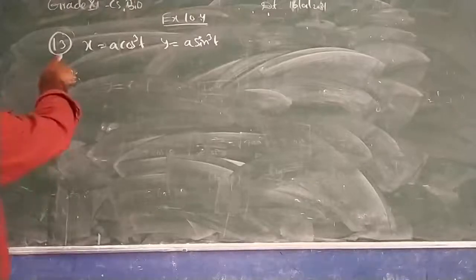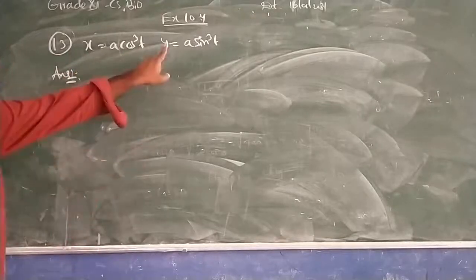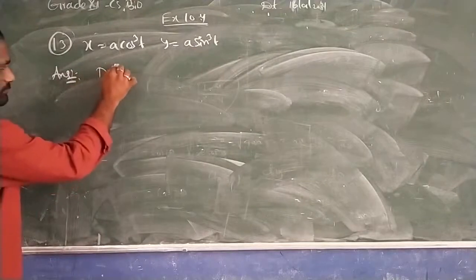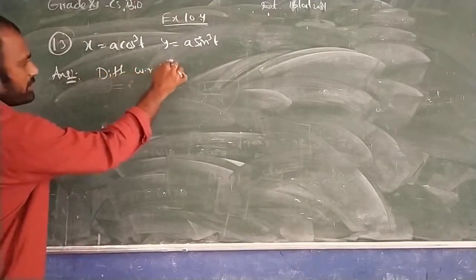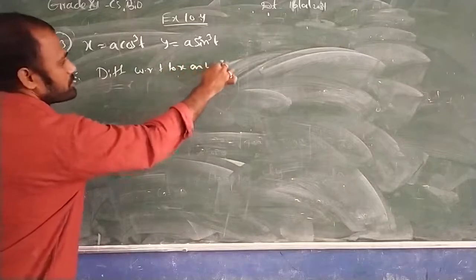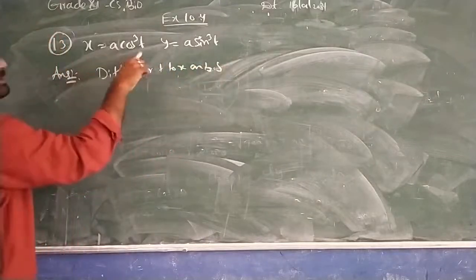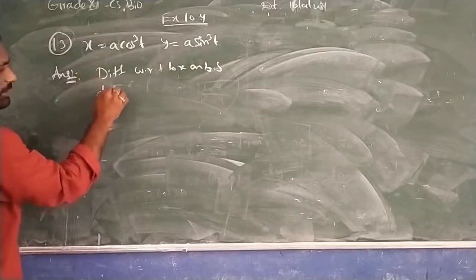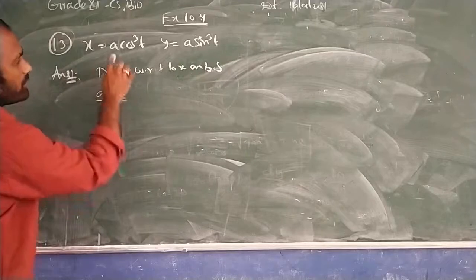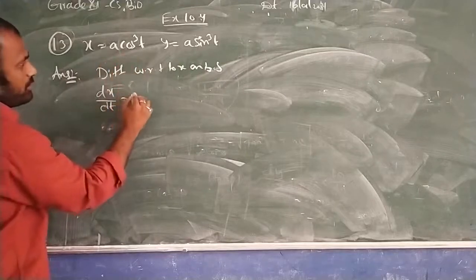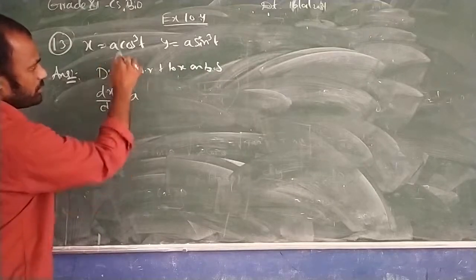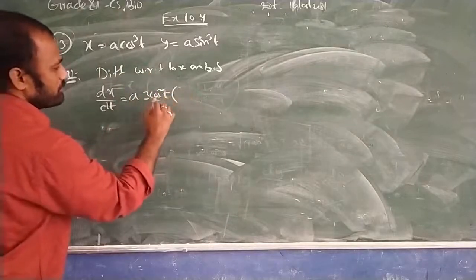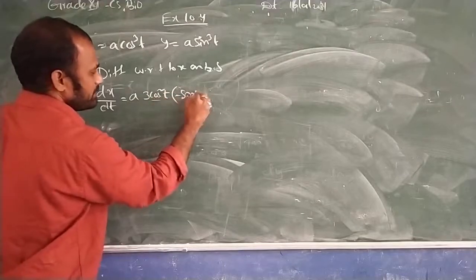Next question, 13: x is equal to a cos cubed t, y is equal to a sin cubed t. Let us start differentiating both functions with respect to t. So dx by dt equals a, the constant, into 3 cos square t, and the derivative of the cos function is minus sin t.